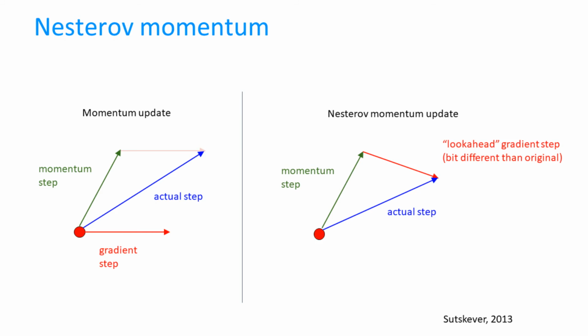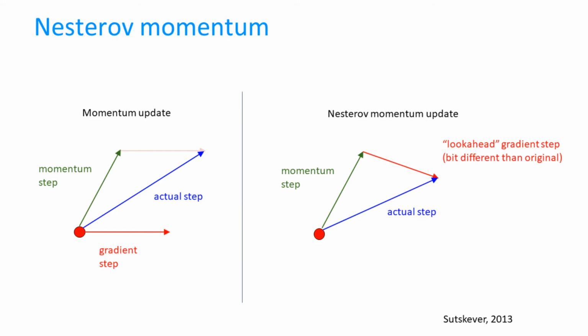If we computed the gradient on one side of the valley, normal momentum would tell us to keep on going farther, past the other side of the valley, whereas Nesterov momentum would look and see, oh, our momentum is going to carry us across the valley. We'll take our gradient on the other side of the valley, basically softening that momentum. And I think the intuition of a look-ahead gradient step is a good one.